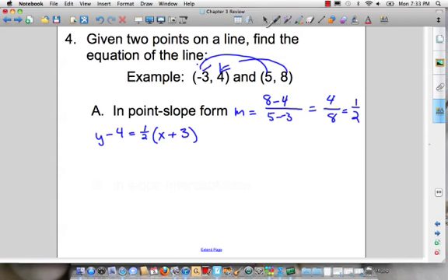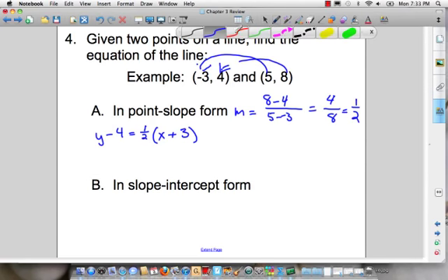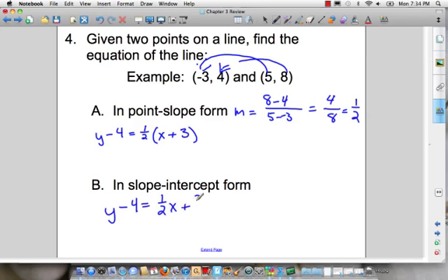You also need to be able to convert that equation into slope-intercept form, and we're going to do that by just performing a couple of algebra steps. I'll go ahead and distribute the 1/2. I get 1/2 x plus 3/2, and then I will add 4 to both sides.